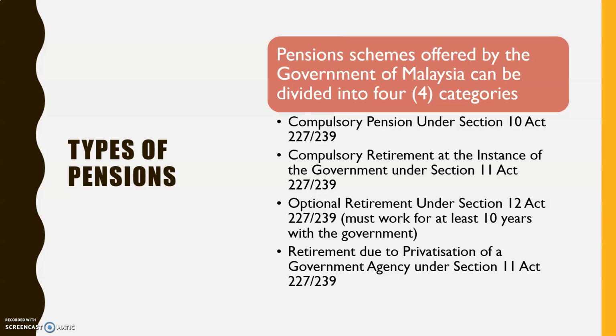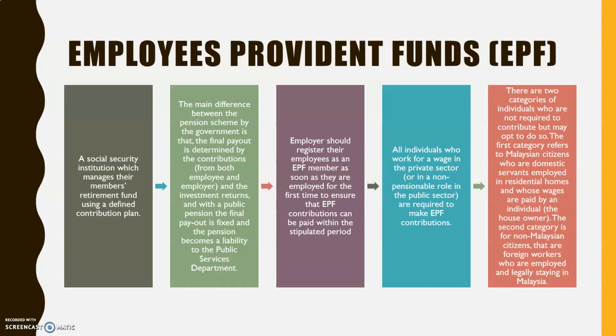When they privatized it, the employees were given an option whether to retire, for all to retire, because it's no longer a government department. When they retire, they are later given a contract to work under the new management or the private company. So they retire from government service and continue working under the private firm, and they earn pensions. At the same time, they contribute to EPF later on.